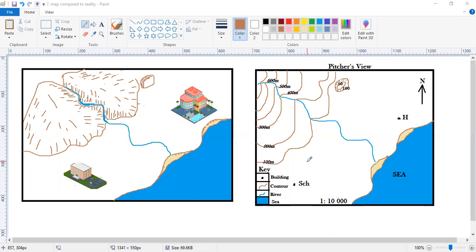Now, two elements that are present on this particular map are, one, the north arrow, and the north arrow helps us to find the direction of one feature in relation to the other.